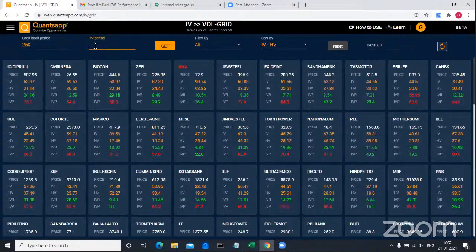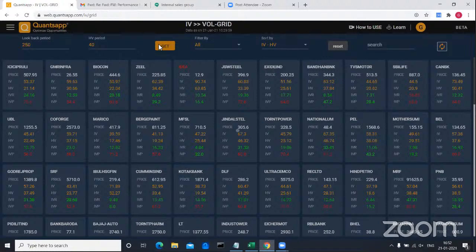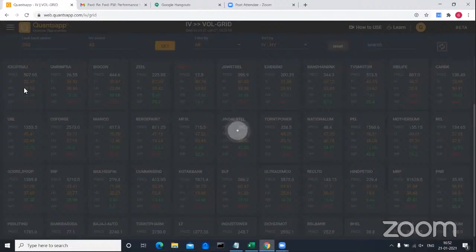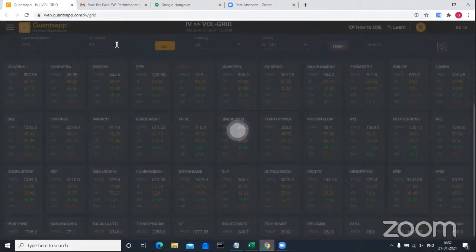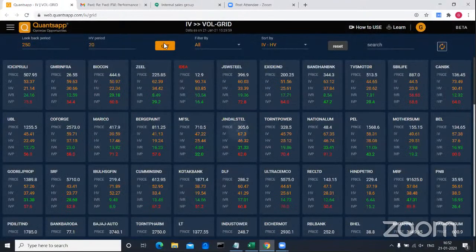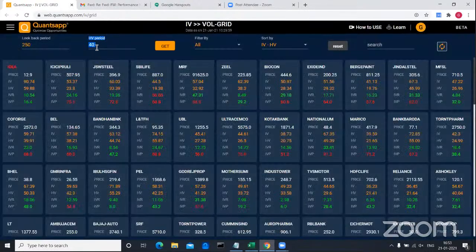If you want to see the historical volatility for 40 days, that's roughly 2 months, you will have the data based on 40 days. So now you can see the historical volatility based on the 40-day period.